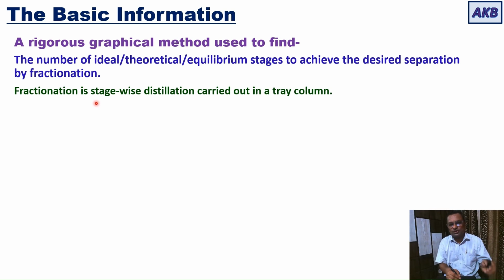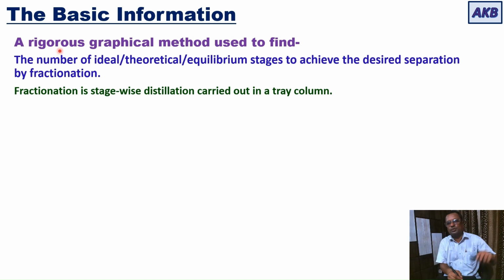As was the use of the McCabe-Thiele method, the Ponchon-Savarit method is also used to find the number of ideal stages. But as compared to the McCabe-Thiele method, it is more rigorous, and that's why it is going to give more accurate results.